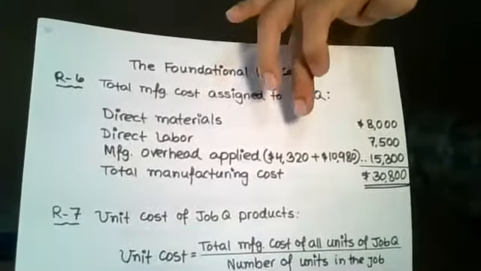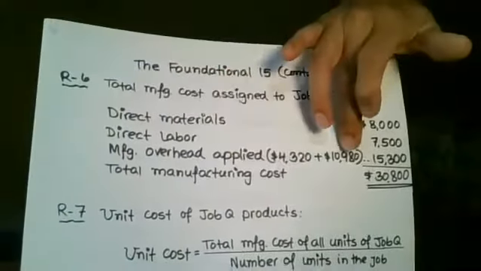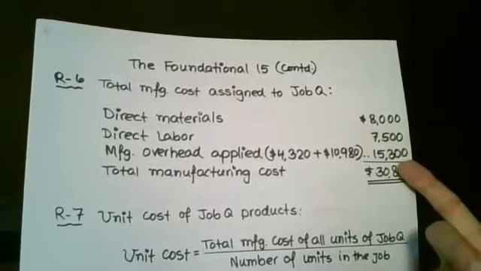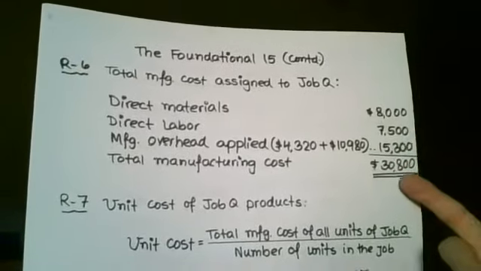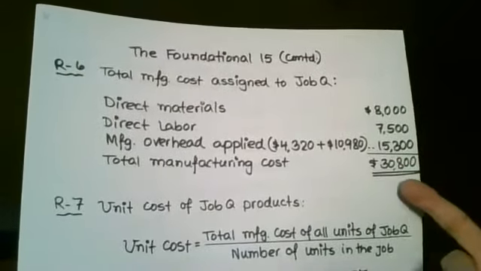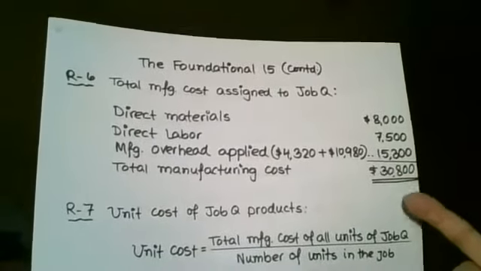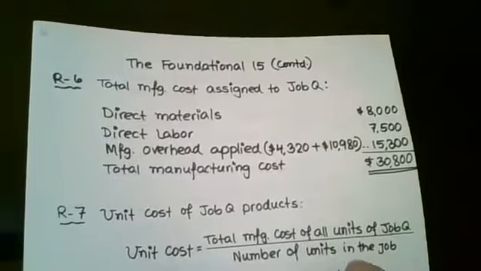Molding's contribution to job Q and fabrication's contribution to job Q. So the two together is $15,300. So if we add the three together, we're going to have $30,800. That's the total cost of job Q. And if you divide it by the number of units, you get the unit cost.